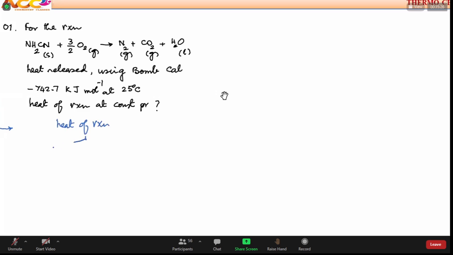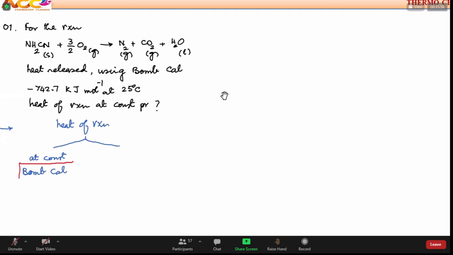this is of two types. Heat of reaction is measured at constant volume. We have done this in the previous classes. When you say constant volume, you have to fix the piston at constant volume. This is done by an instrument called a bomb calorimeter, a device used to measure the heat energy released or absorbed during a chemical reaction.